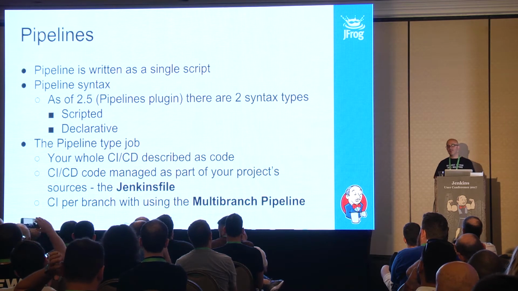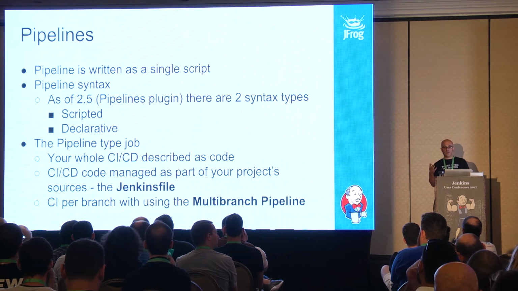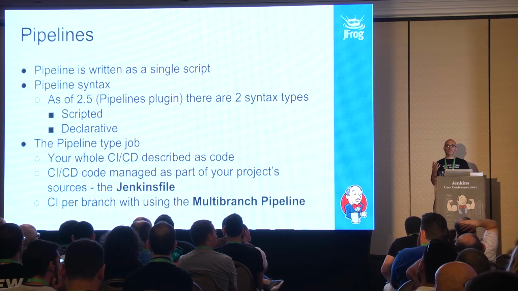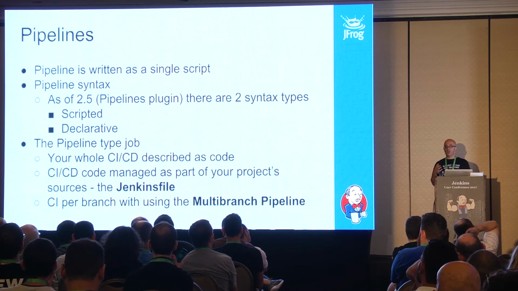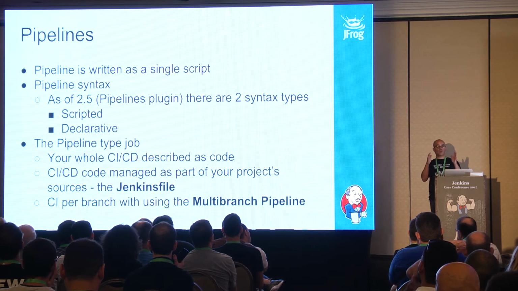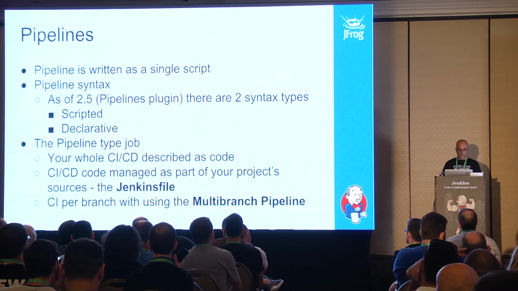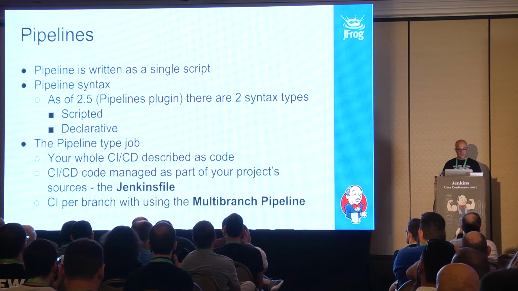The declarative takes one step further in simplifying and allowing you to define everything you need as part of a single script, including your job's configuration, your job's parameters, the pre-build, the post-build, and everything in a single script. You'll see the examples as we move forward. There's the pipeline type Jenkins job.